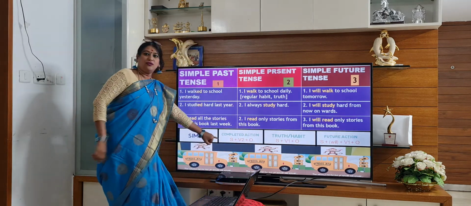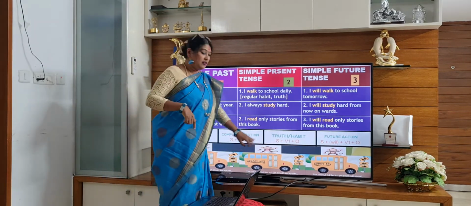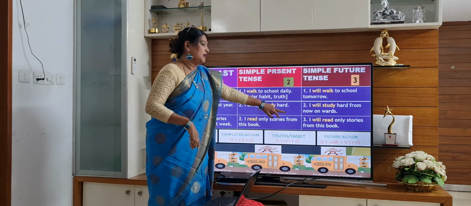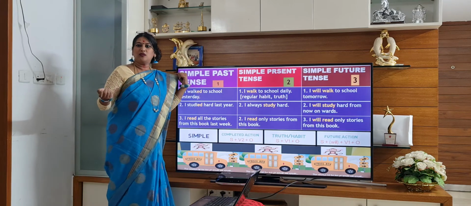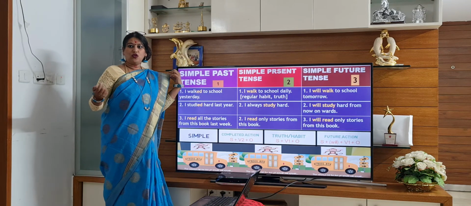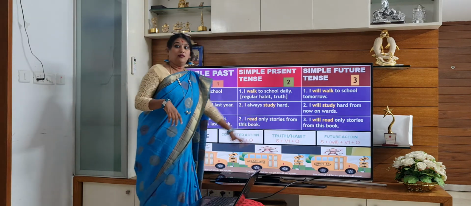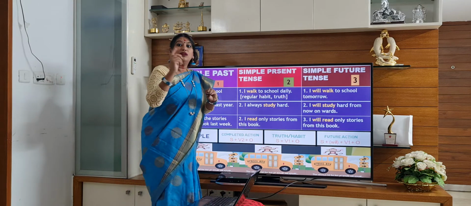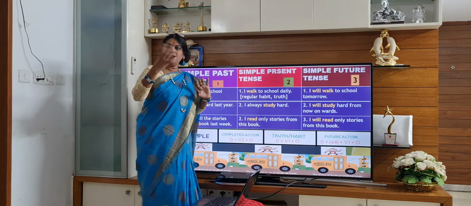First, the word's second form will come when in the past, and when we talk about the present, the word's first form should come. And then simple future tense. In future, you don't know whether it will take place or not. Right? What you're planning. So always you should use will. Add will, then the word's first form, and then the tail. Got it all? Head, body, tail.